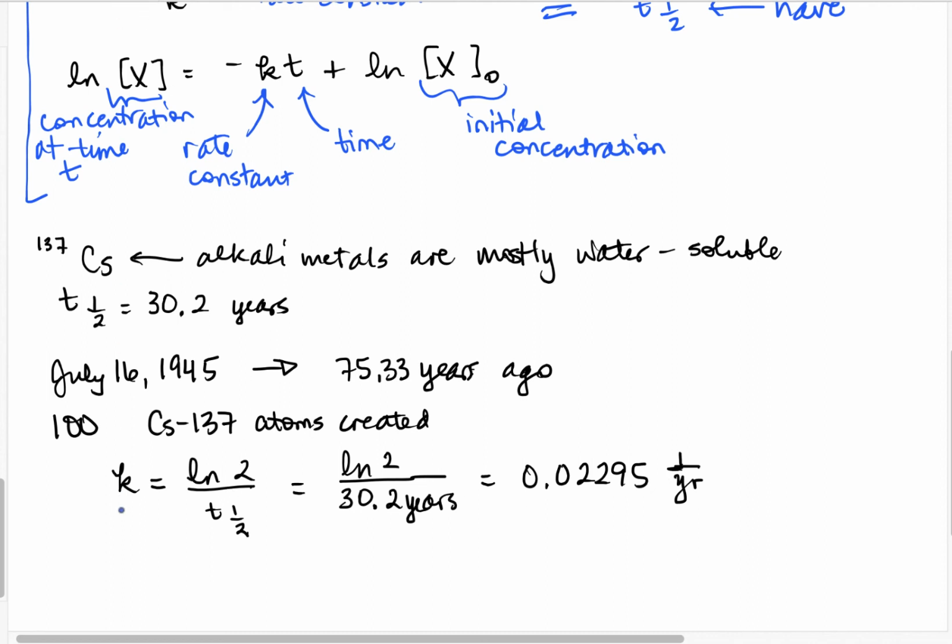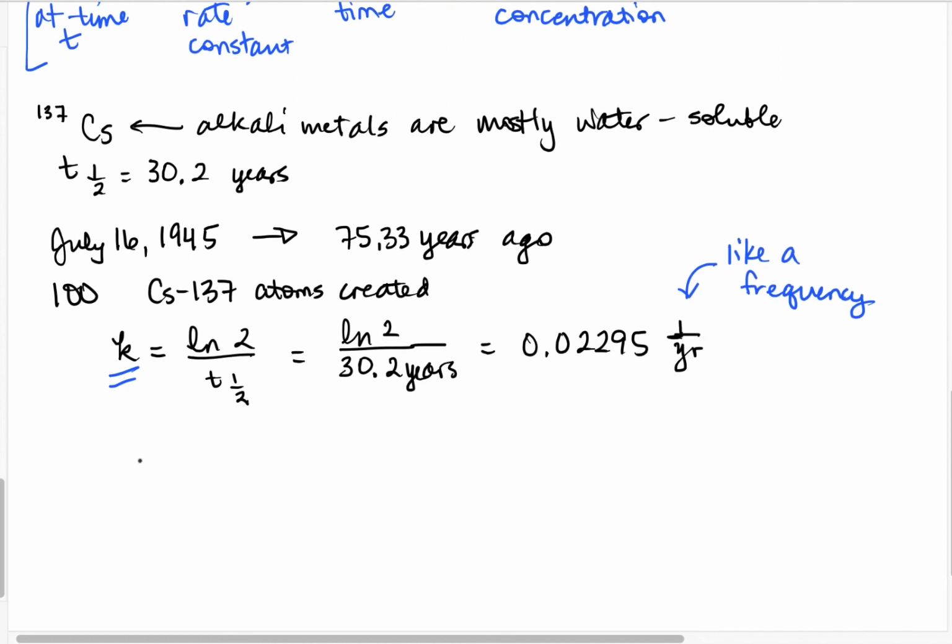Remember, k is a rate constant, so this is kind of like a frequency. So we expect it to be a certain number per time, which is what it is. We could convert this into some other unit, but it really doesn't matter. We're going to keep all of our units in years for now, so they will all work out.